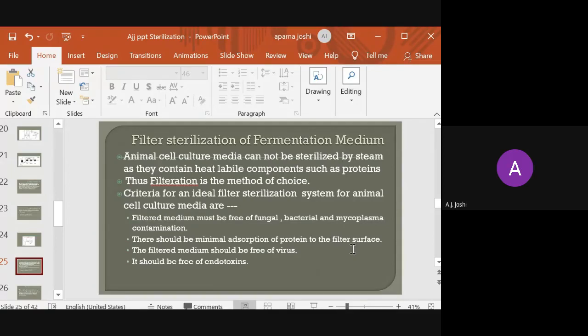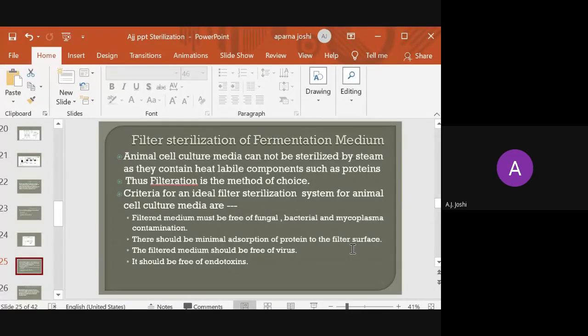But if a particular filter is able to retain fungi, bacteria or mycoplasma, it doesn't mean that it will essentially filter out or retain the viruses. The viruses are still smaller in size. So the filters should be such that the pore size does not permit the viruses to even pass through it.